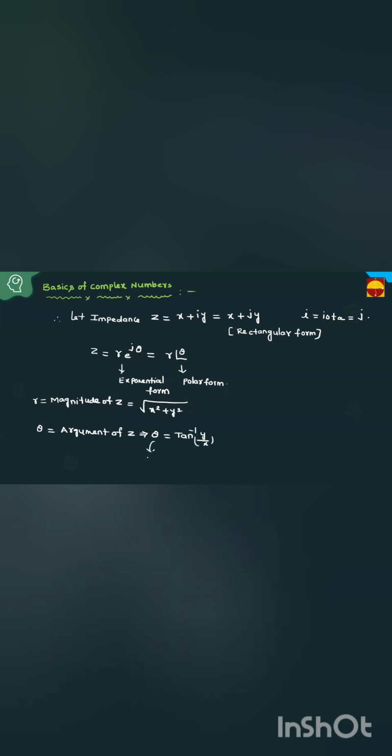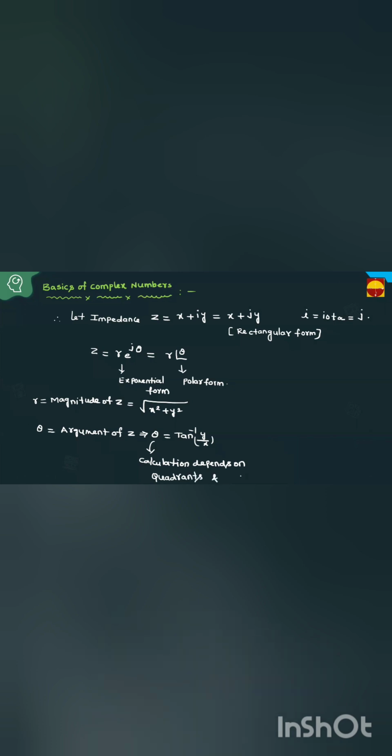But this theta calculation depends on the coordinate, in which quadrant it is operating: first, second, third. It depends on quadrants and the direction of rotation, whether clockwise or anti-clockwise. That is, it depends on quadrants and the direction of rotation of the vector.